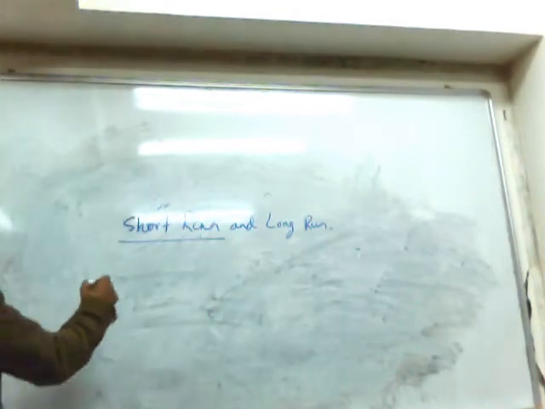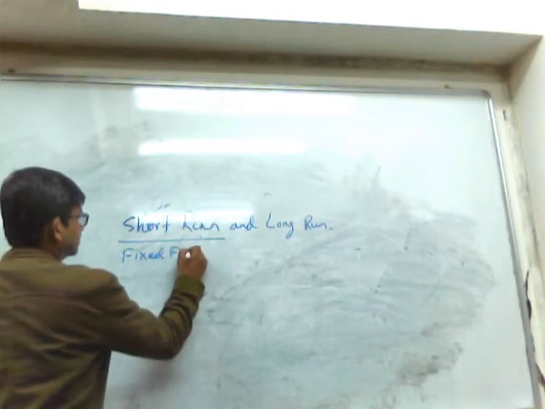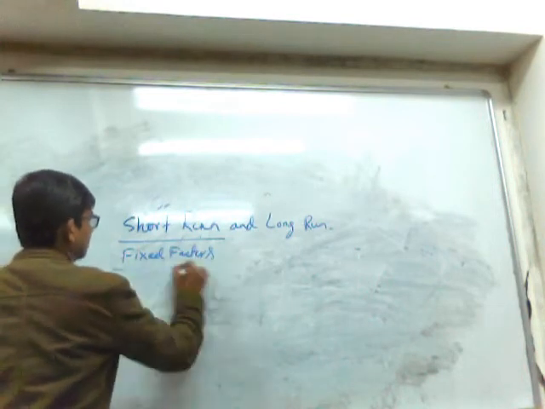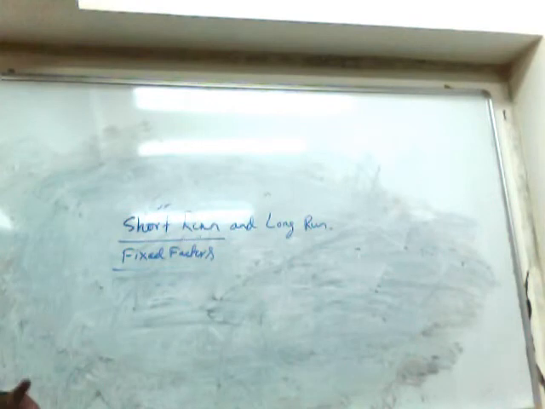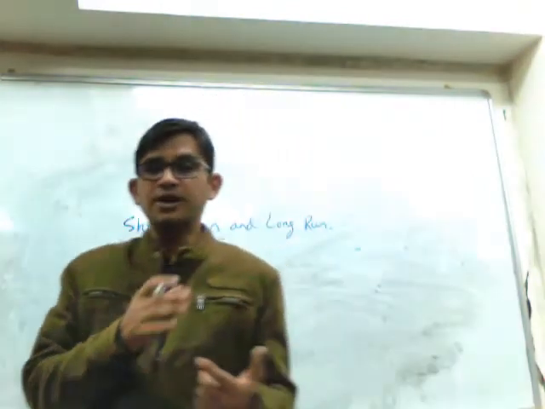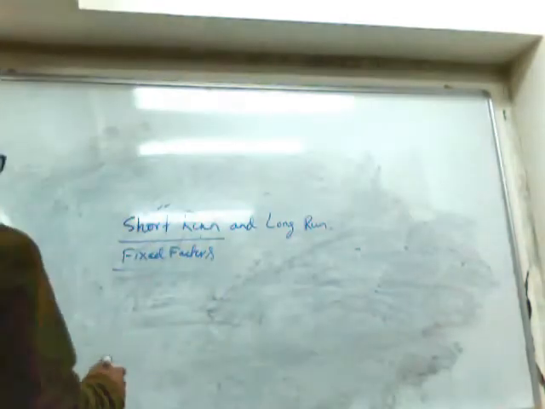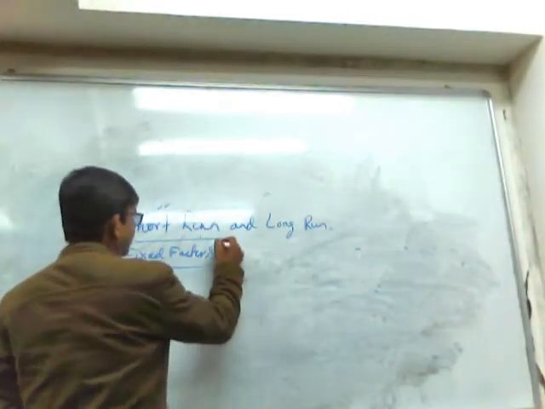So in the short run there is the existence of fixed factors. For example, just after starting production, a company will not think of expanding its plant size. So plant size is a short run concept. That is the fixed factor here.